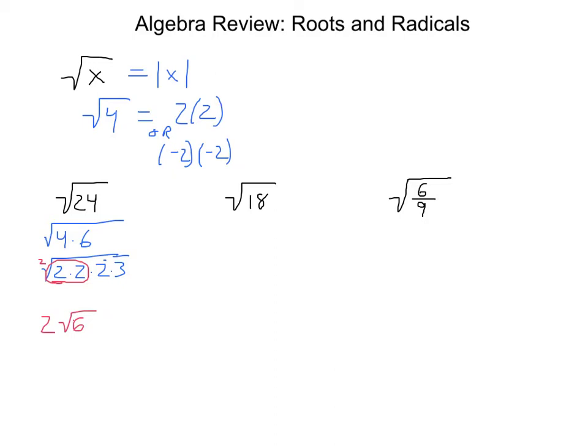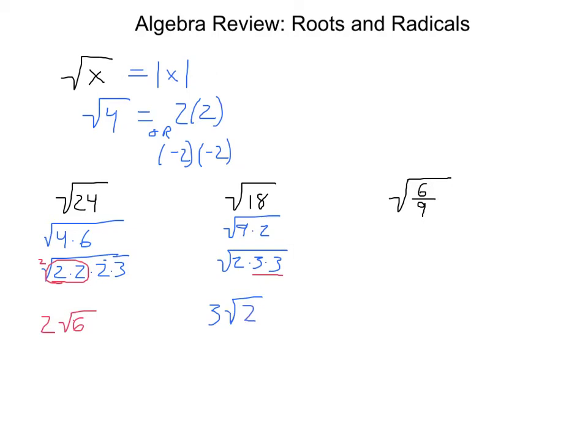Another example, if we look at square root of 18, this is 9 times 2, which is 2 times 3 times 3, and again we're looking for pairs of items, so I have a pair of 3's, and our answer comes out to be 3 square root of 2.